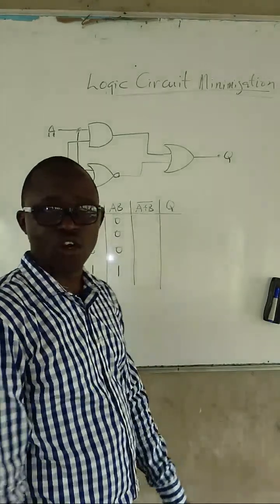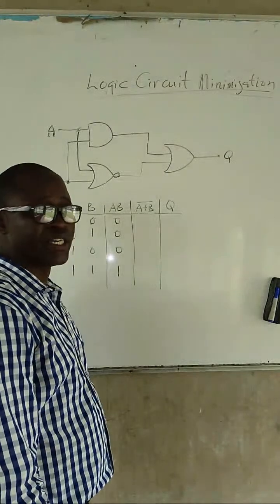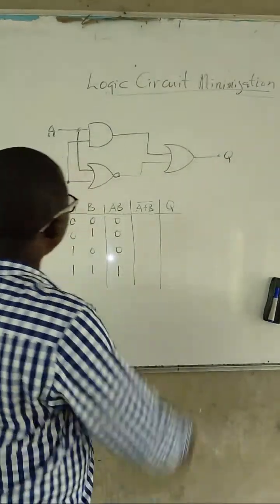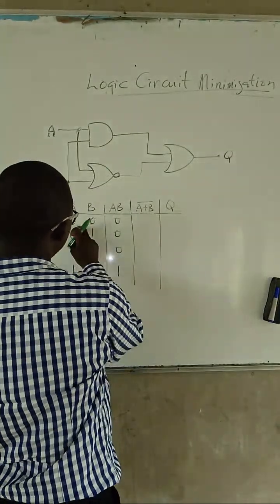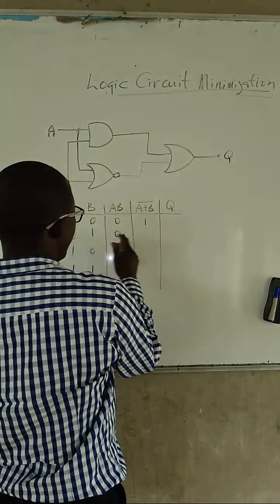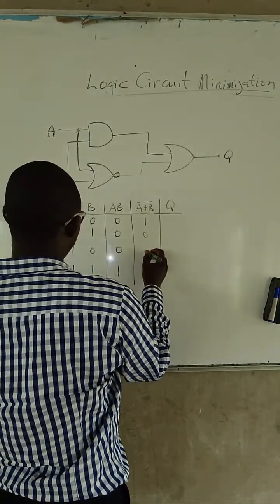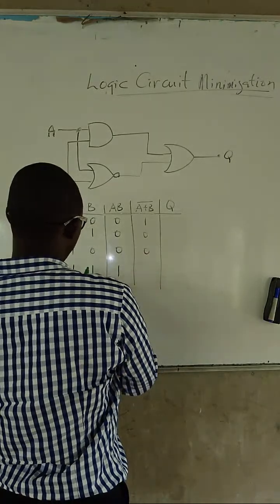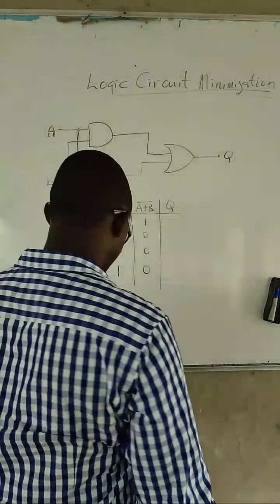That is the behavior of our normal basic AND gates. Now for a NOR gate, you still consider A, B for it. 0 0, since it's a NOR, 1. 0 1, 0. 1 0, 0. 1 1, 0. That's what we're going to have for a NOR gate. Alright?